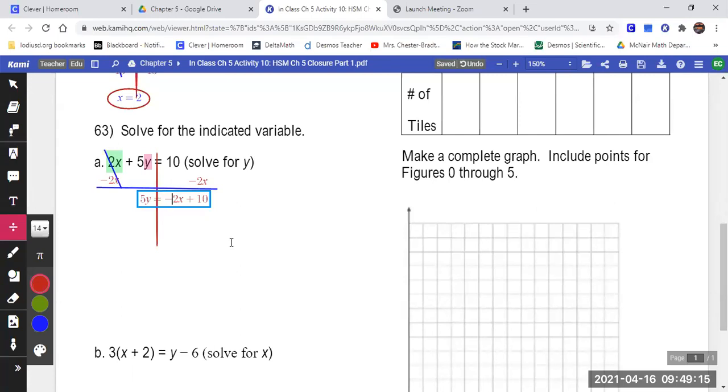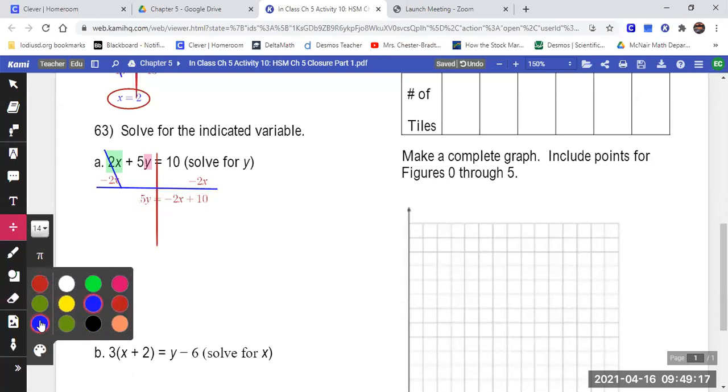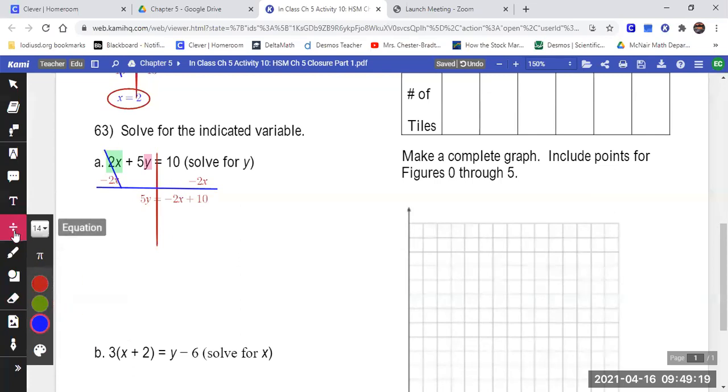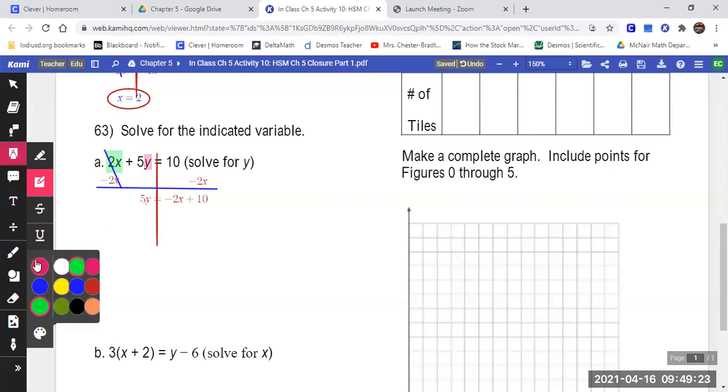All right? Okay, what's our next step? Have we handled all the addition and subtraction away from the y? Have we gotten the y so there's no addition and subtraction left? No, okay, so then we have to big one.